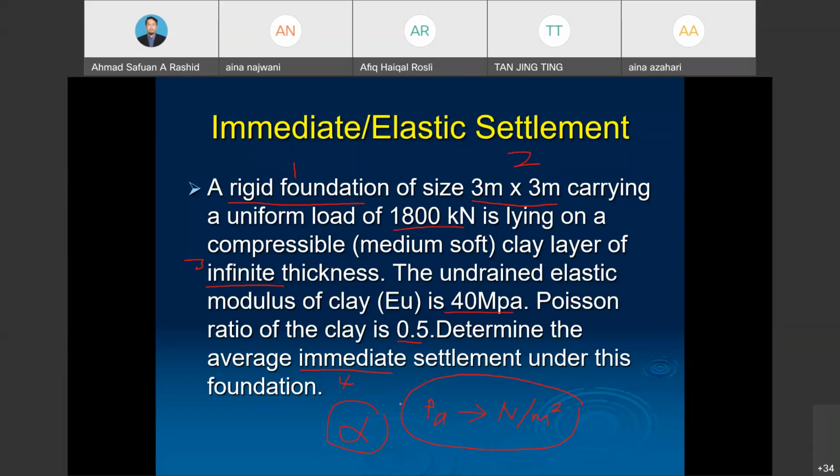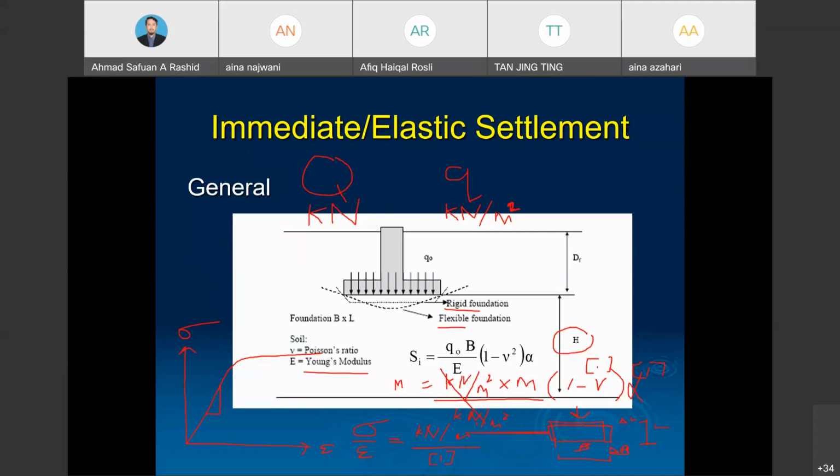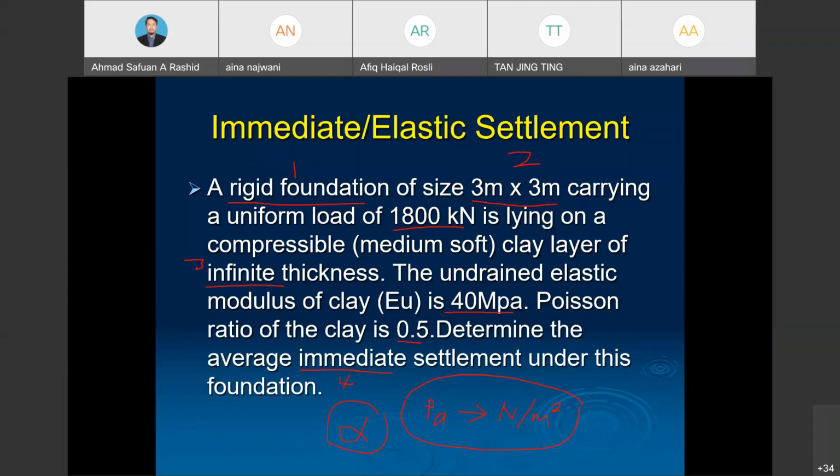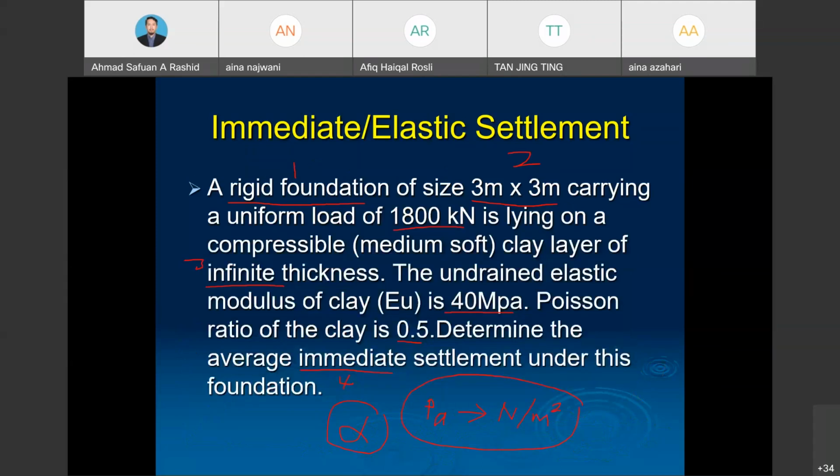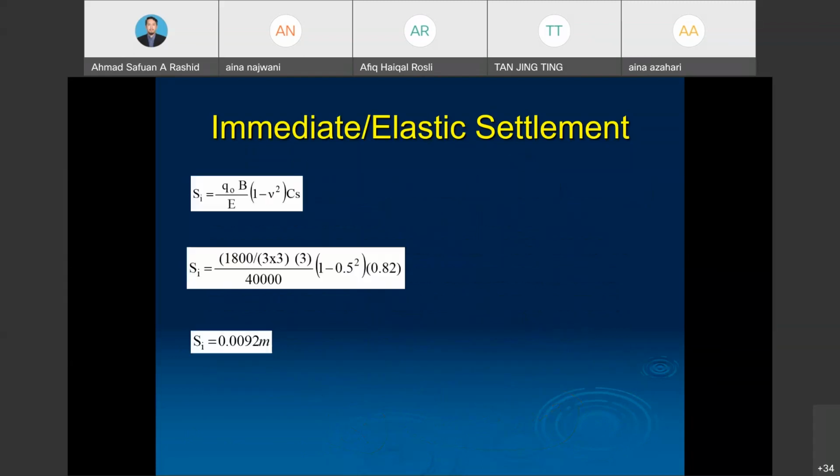To solve this question, based on the equation, be careful if you are given the load and the area. The 1,800 is not the value of q. The q is 1,800 divided by 9, which gives 200 kilonewton per meter square or 200 kilopascal. Then times B, and we get the first part.